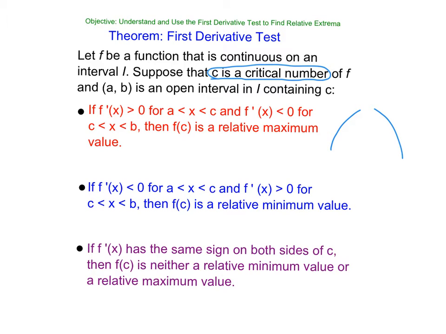It's a minimum if it goes from a decreasing function to an increasing. If f prime has the same sign on both sides of c, then c is neither. So in that case before, if we have something like this, when we take the derivative, we'll get a 0 or an undefined, but it's increasing and then increasing, so that would be a neither.